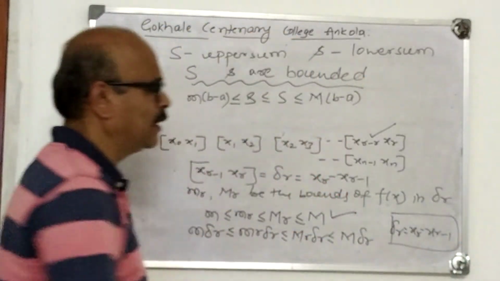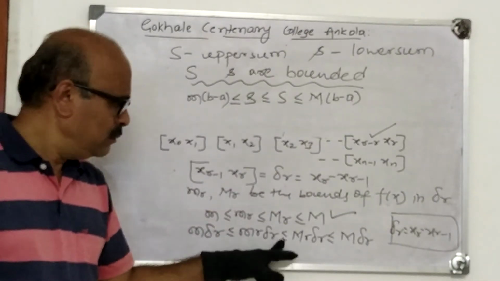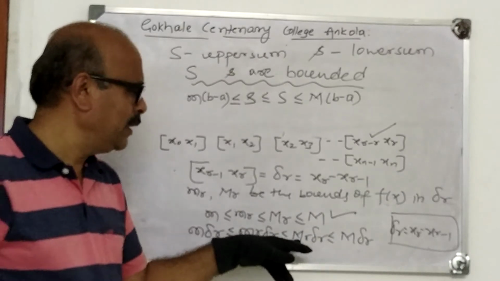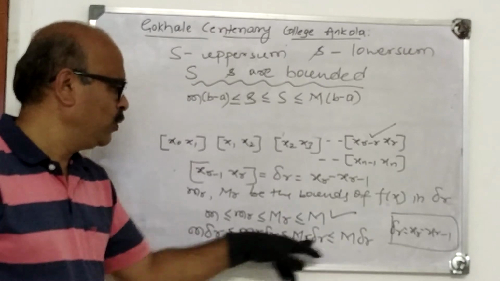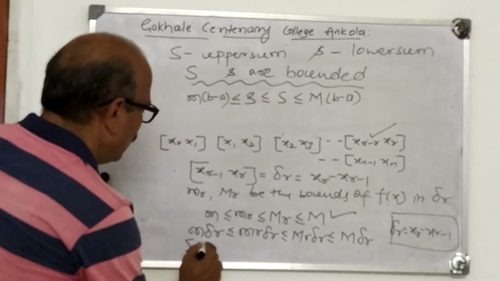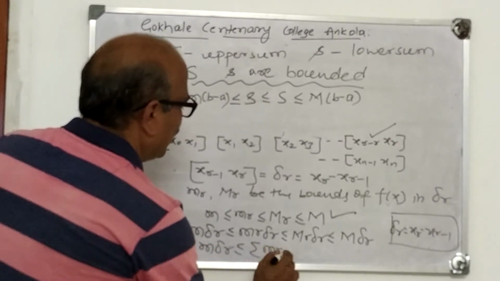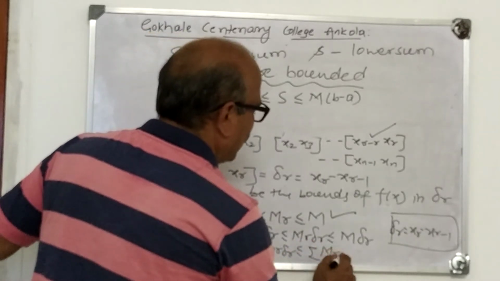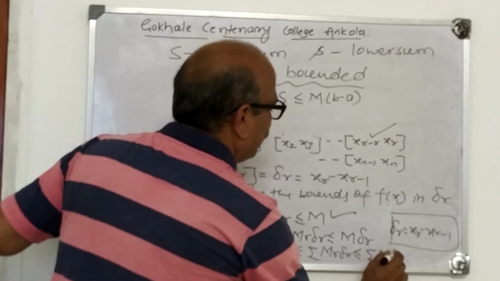So multiplying by delta r doesn't affect the inequality. Now we take the sum: sigma of small m delta r is less than or equal to sigma of small mr delta r, less than or equal to sigma of capital Mr delta r, less than or equal to sigma of capital M delta r.